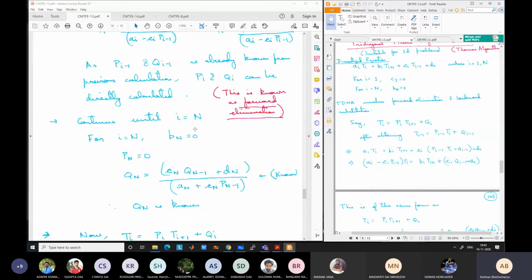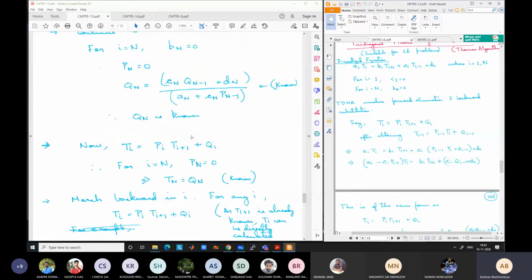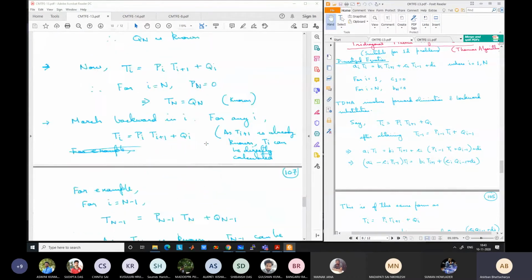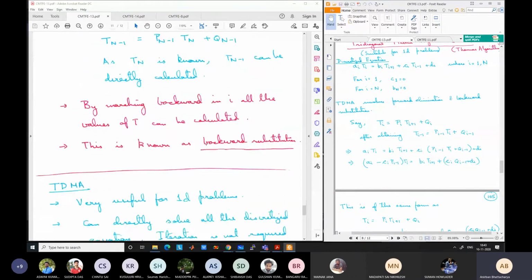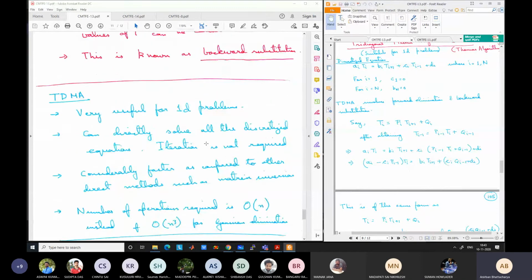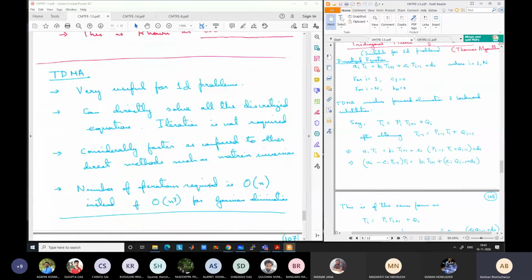Similarly, for backward substitution you have 1 multiplication and 1 addition. So 2 more calculations, so 10n calculations. So the number of operations required is of the order of n.